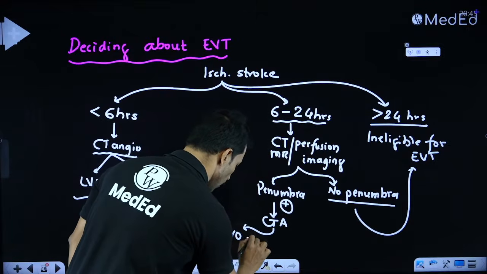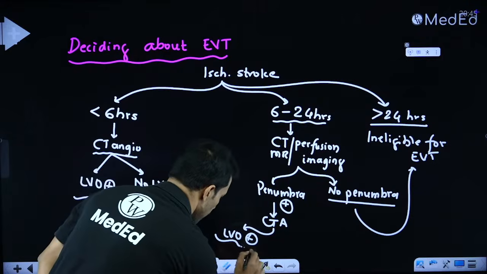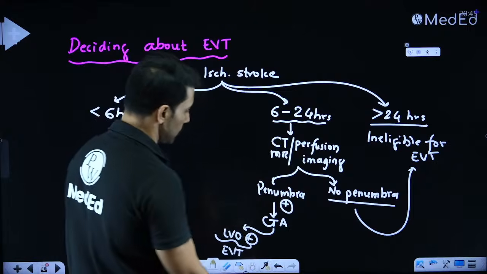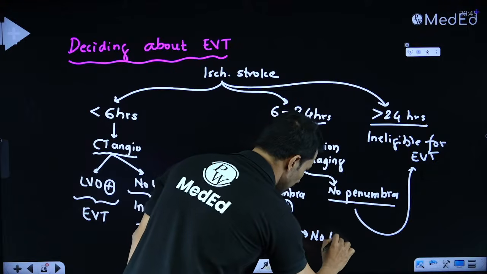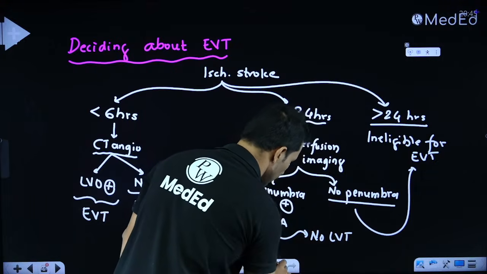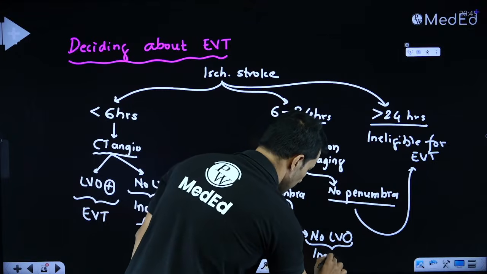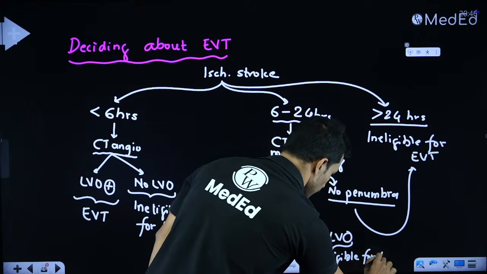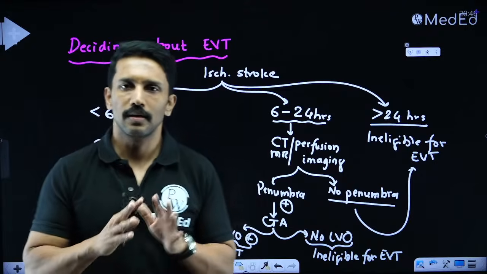Even when penumbra is present between 6 to 24 hours, but CT angio shows the occlusion is not in the large vessel, then again I can't do EVT. They become ineligible for EVT, right? Clear?